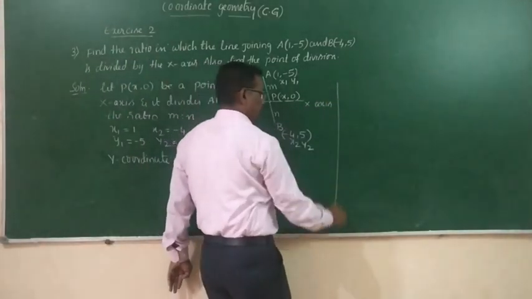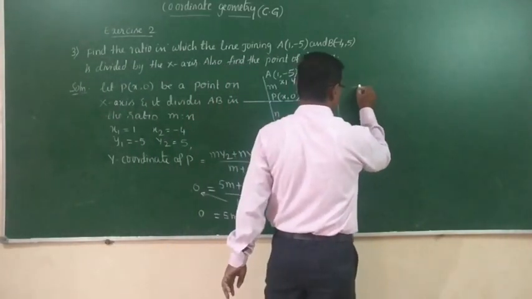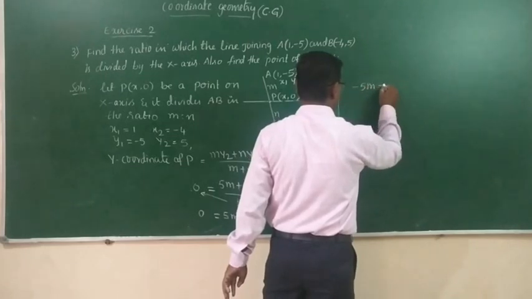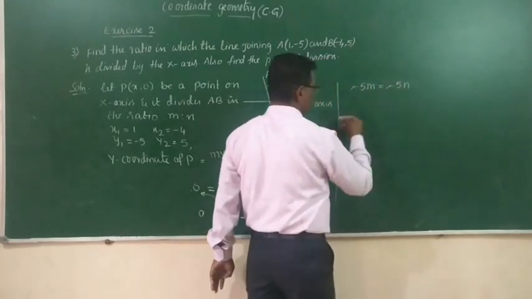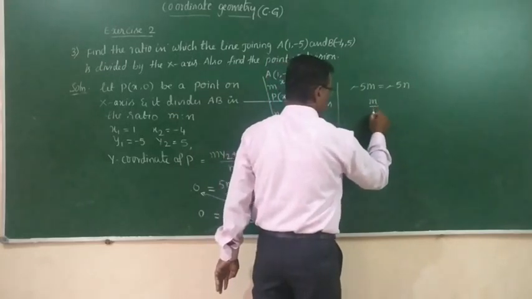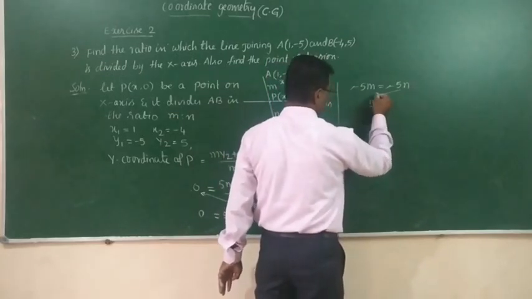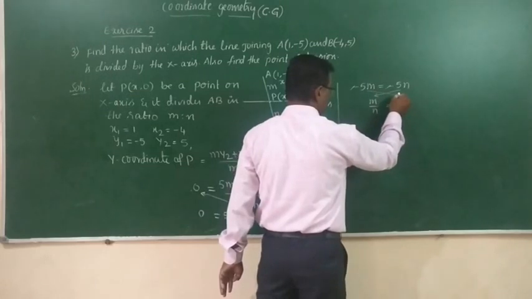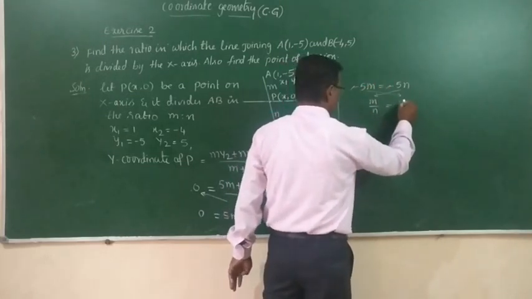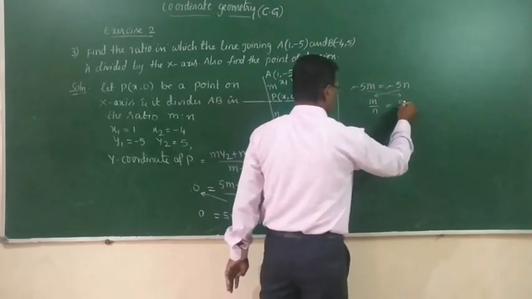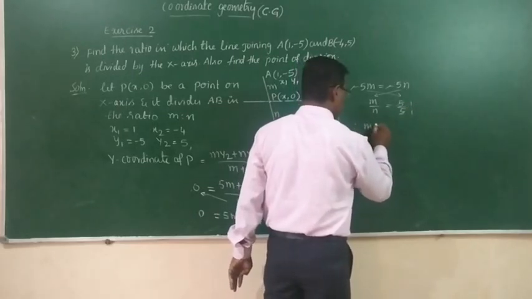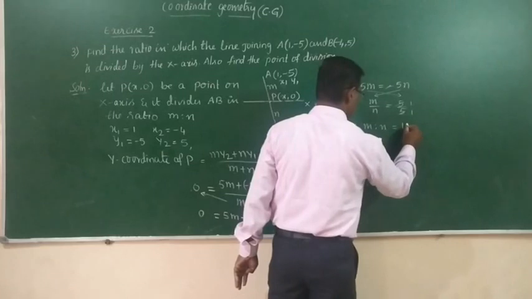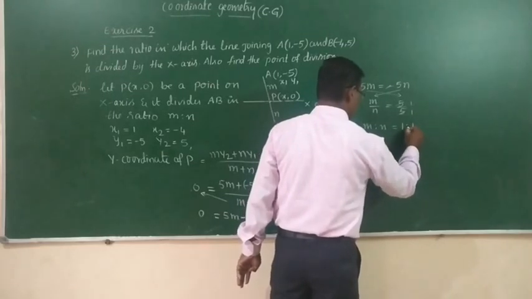So we write the m term on the LHS: 5m = 5n. By transposing, m by n is 5 by 5. By cancellation, m:n equals 1:1.